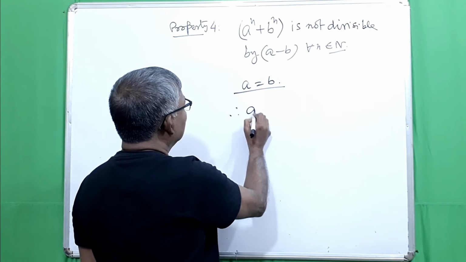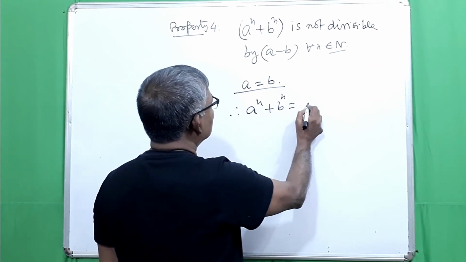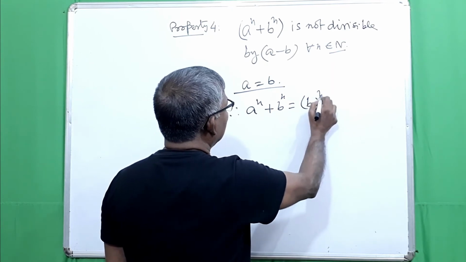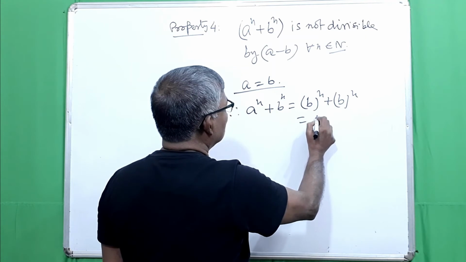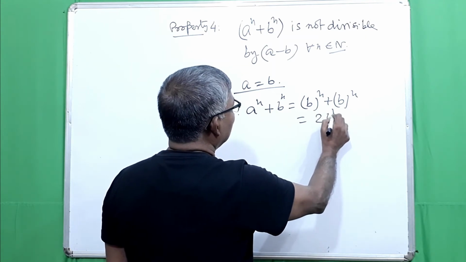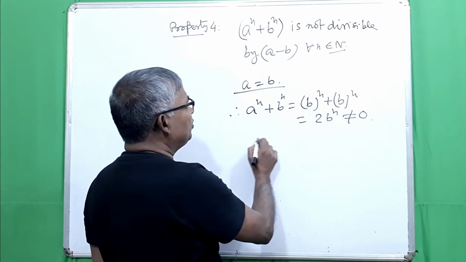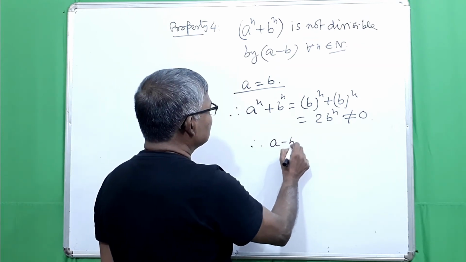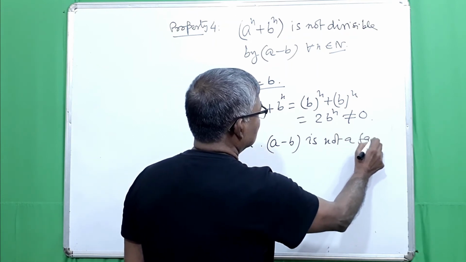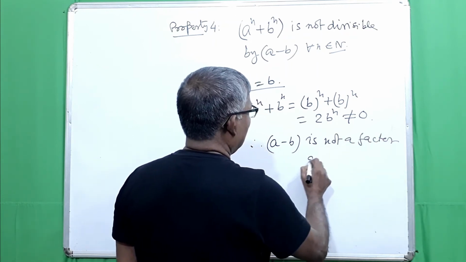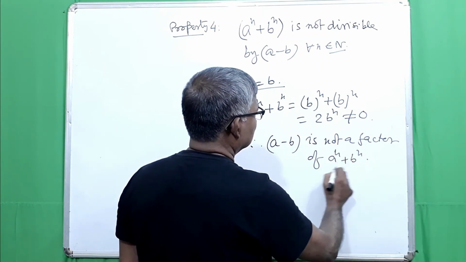Therefore, a^n plus b^n equals b^n plus b^n, equal to 2 times b^n, that is not equal to 0. Therefore, a minus b is not a factor of a^n plus b^n.